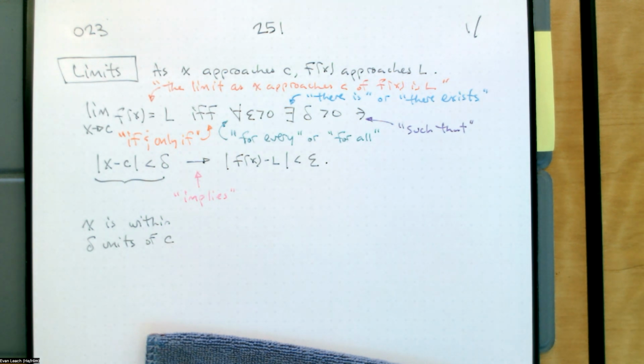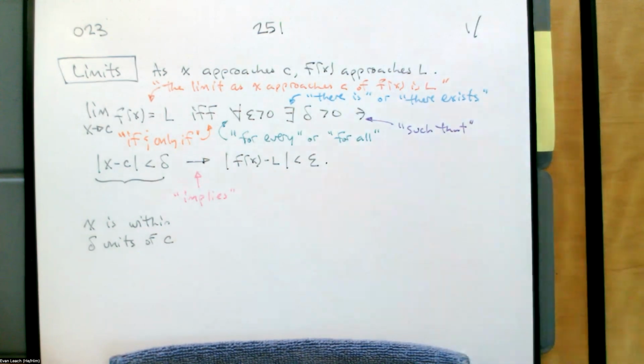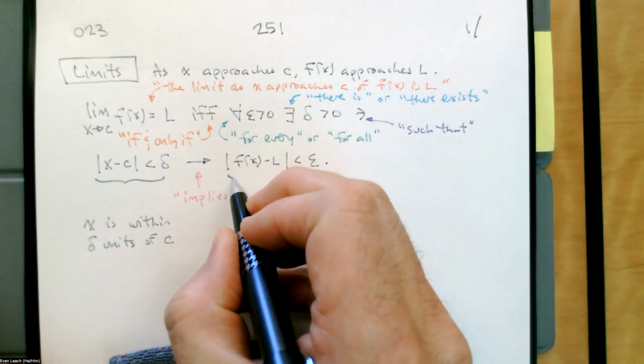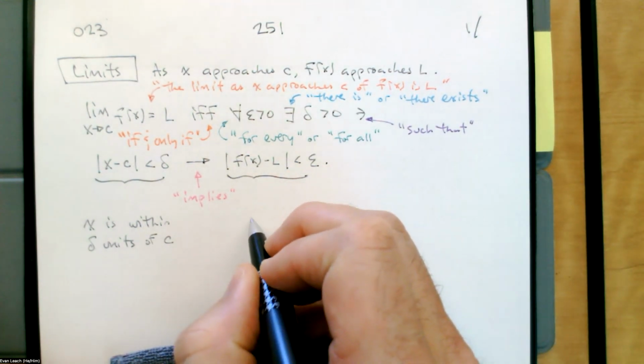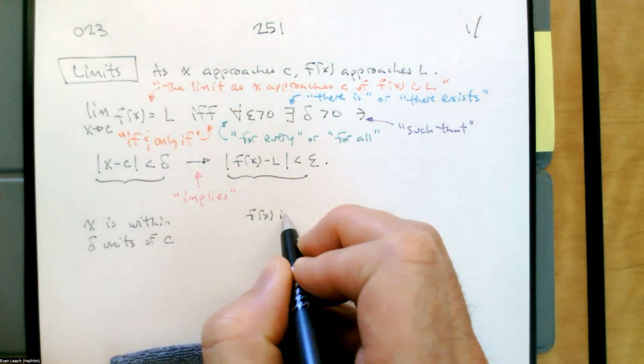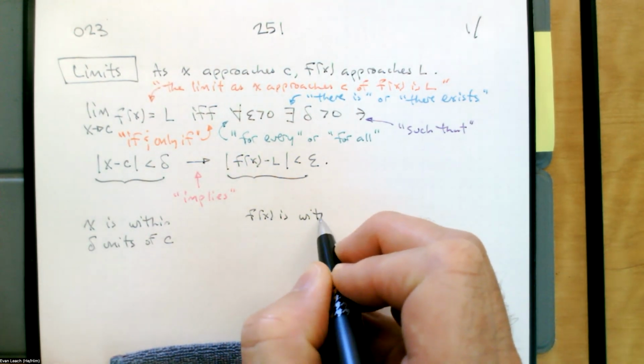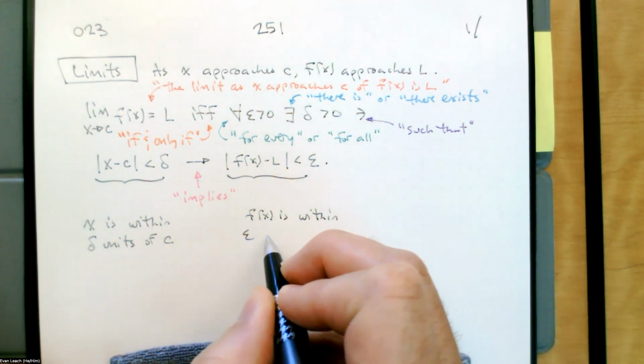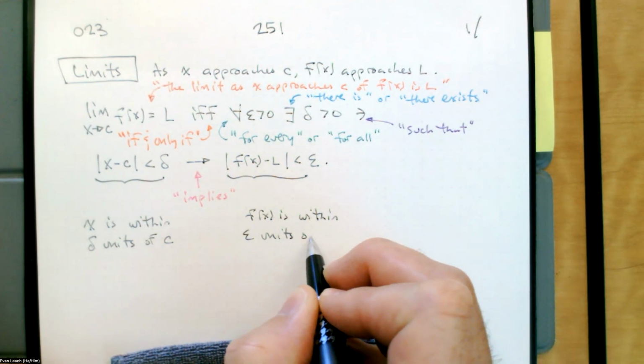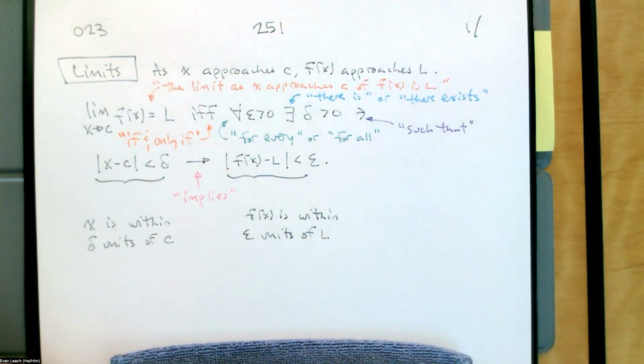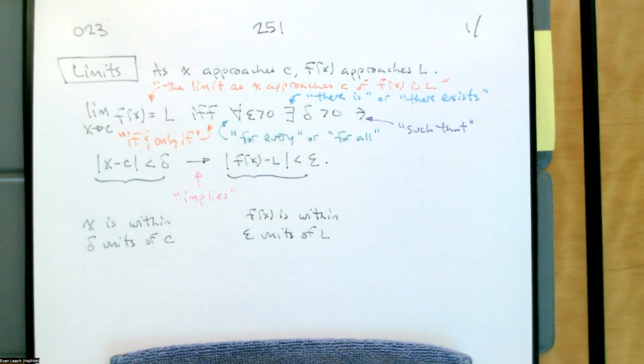So we can say this limit exists if x being within delta units of c forces f of x to be within epsilon units of L. That's what this absolute value inequality says here. That's how we're going to read those absolute value inequalities.